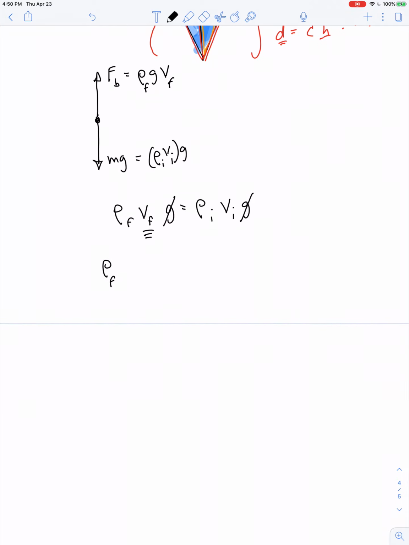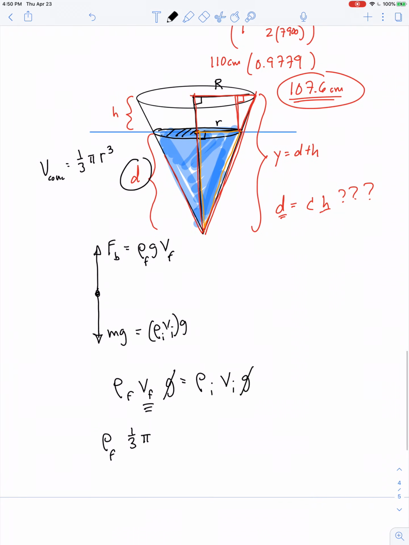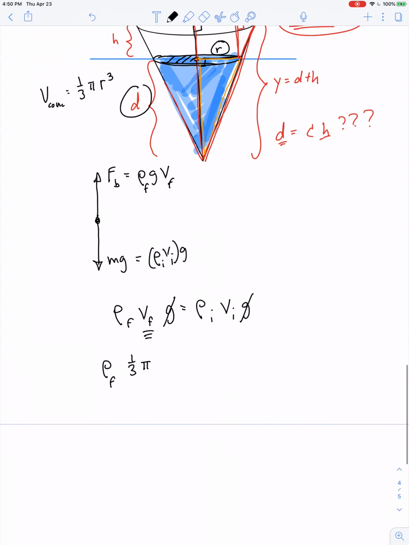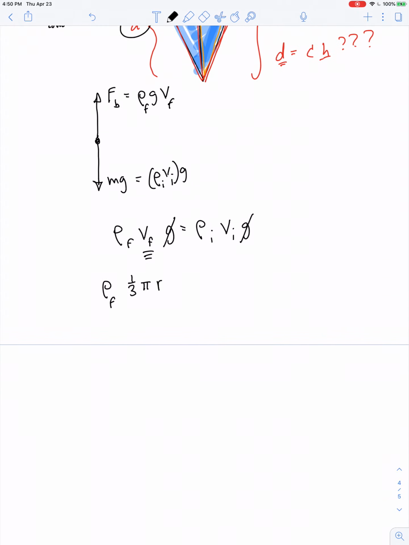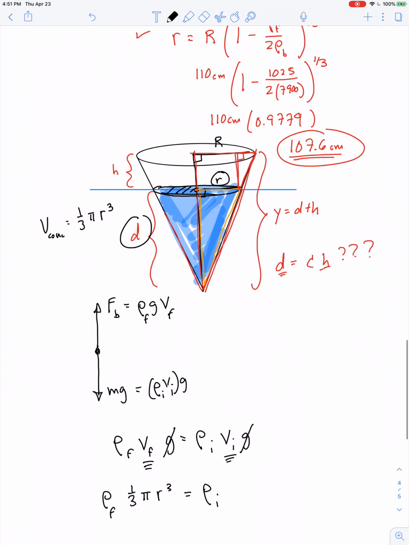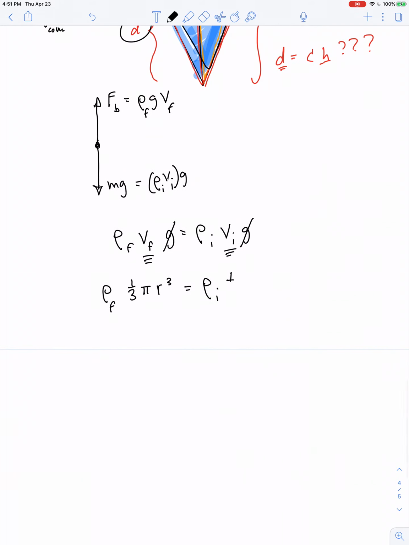So that's exactly what we have here. 1/3 pi, which r do we mean? Well, if we're talking about the fluid displaced, then the r is lowercase r. So 1/3 pi lowercase r cubed, and that has to equal the density of the ice times the volume of the whole iceberg. Well, the volume of the whole iceberg is a cone, but it's the full cone, so this is 1/3 pi capital R cubed.